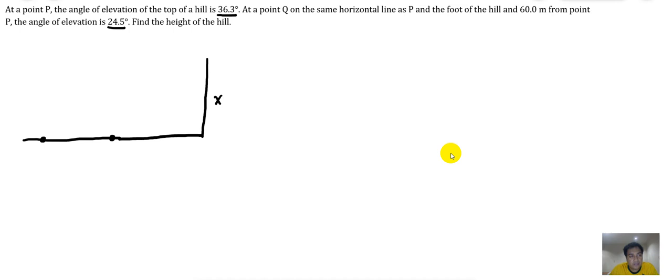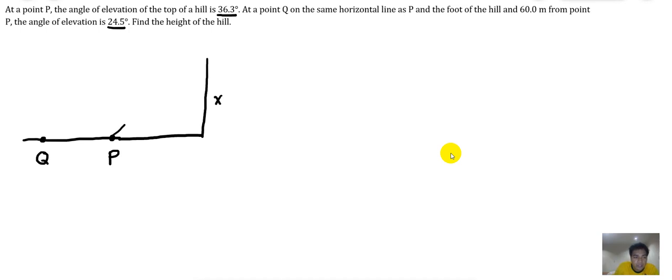Okay, so based on logic and common sense, we know that the point with the lower angle of elevation is farther from the hill. So point P should be here with an angle of elevation of 36.3, and Q should be farther with an angle of elevation of 24.5 degrees.